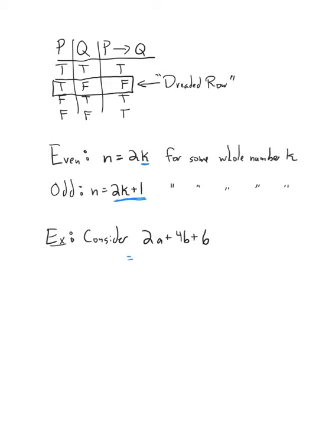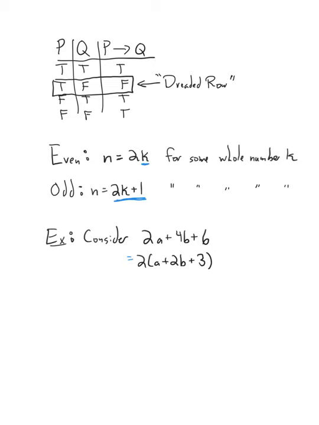So this is the same as 2 times (a plus 2b plus 3). And you can check that if I multiply this back, 2 times a is 2a, 2 times 2b is 4b, 2 times 3 is 6. I get the same thing.